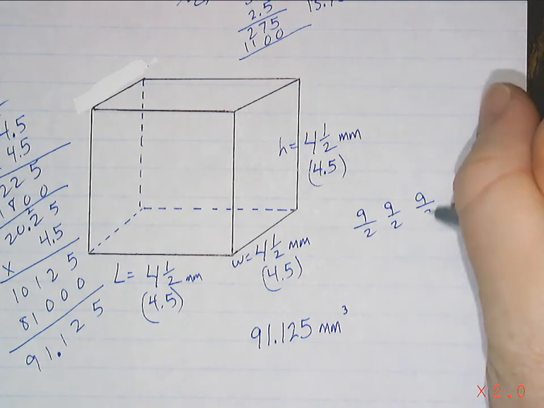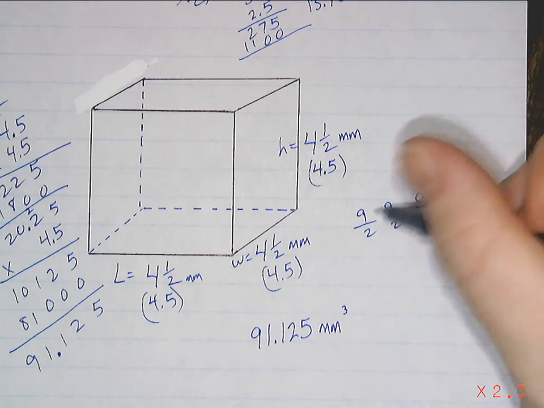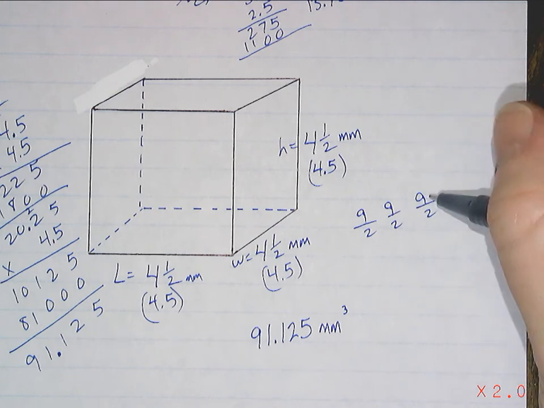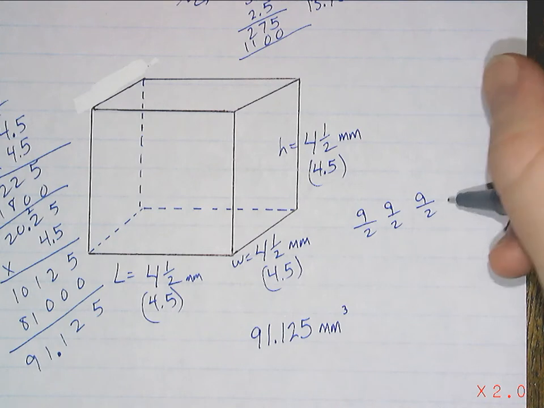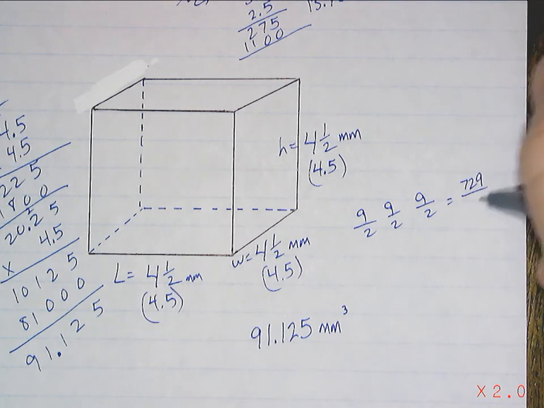I said I wouldn't do it, but I guess I am doing it. 9 times 9 is 81. 81 times 9 is 729. Divided by 8.